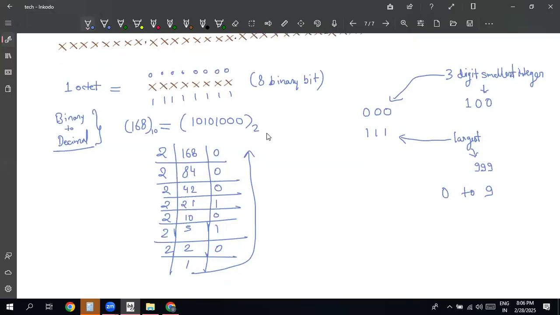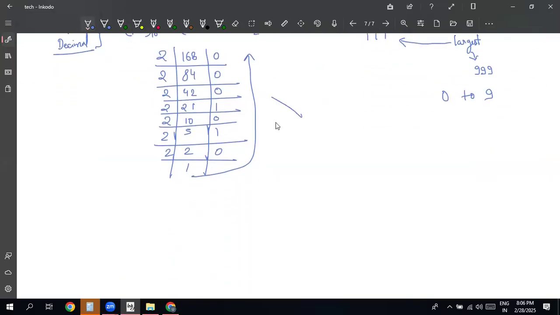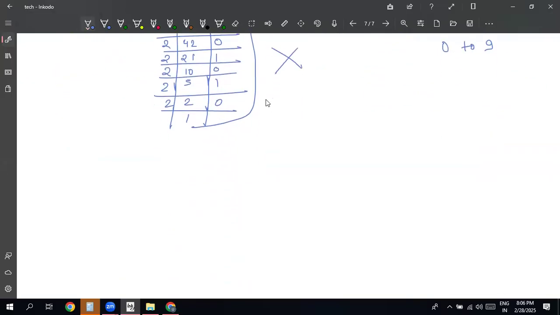So rather than performing this traditional method, we'll jump on to an advanced method, which will be represented with the help of the binary place values. What exactly are the binary place values?